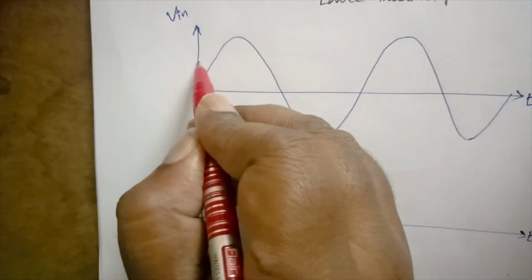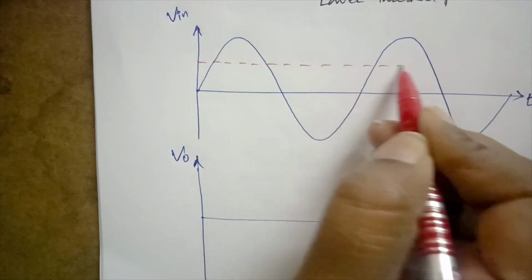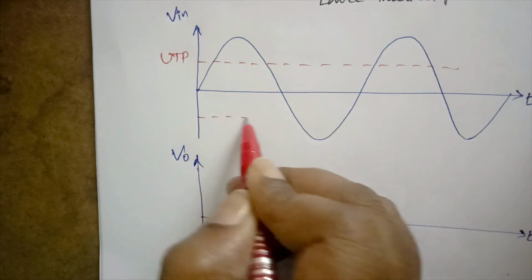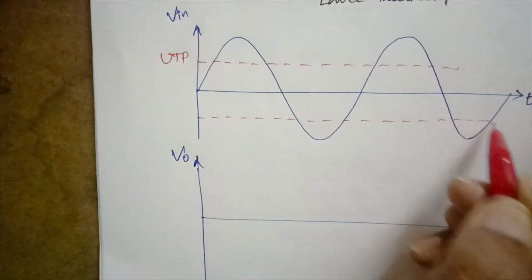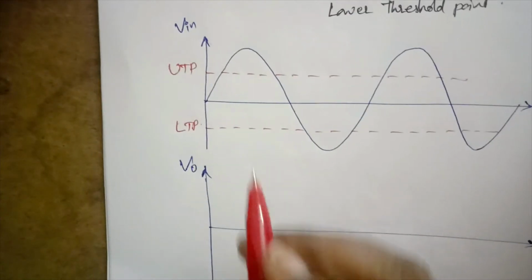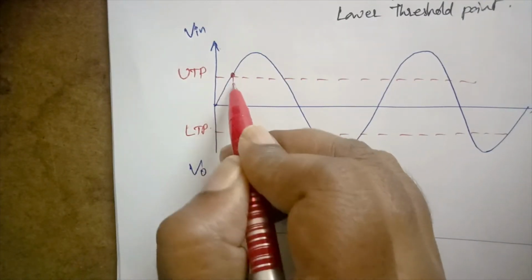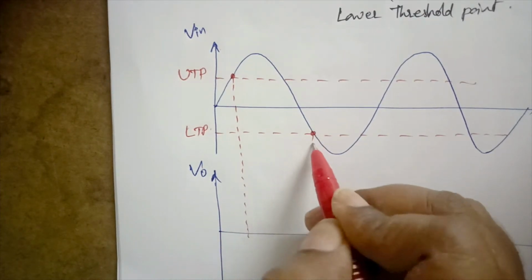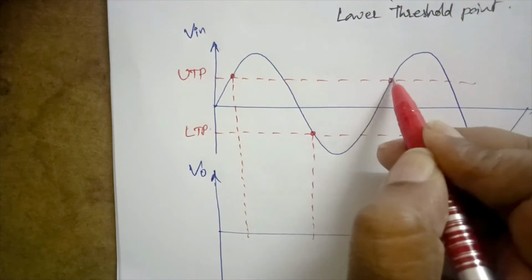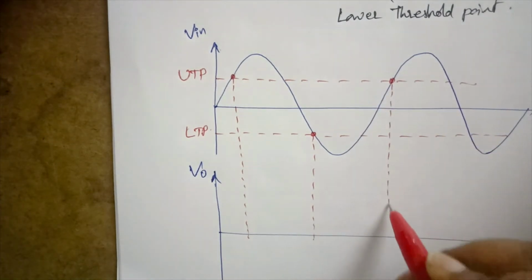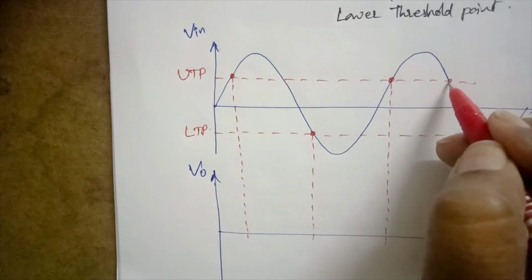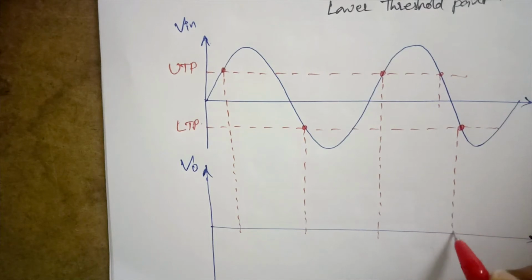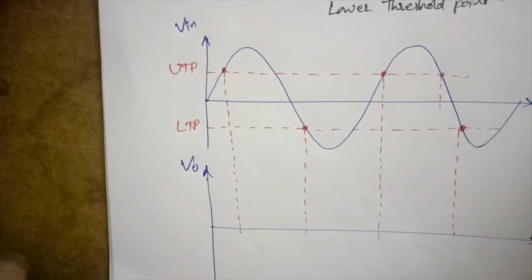The two levels I mentioned here: the first one is UTP, upper threshold point, and the next one I mentioned here is LTP, lower threshold point. So now take these output waveforms.